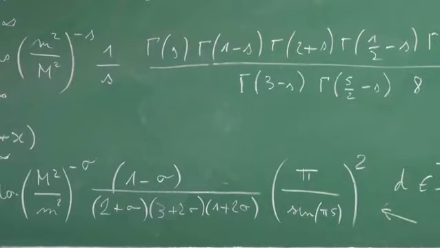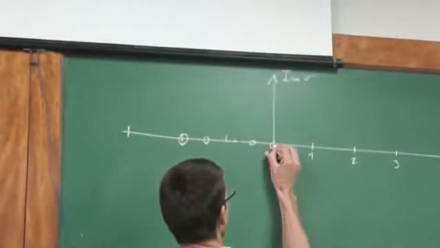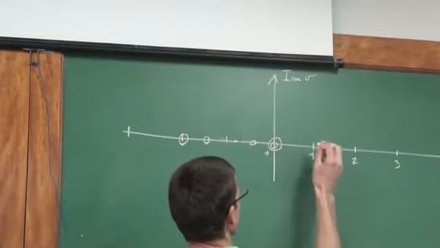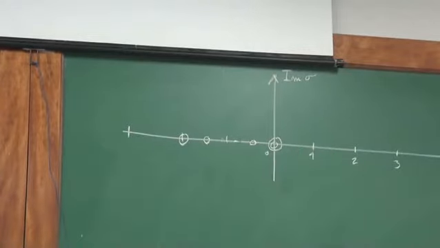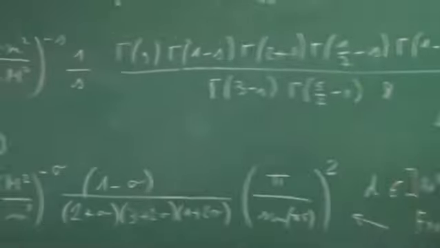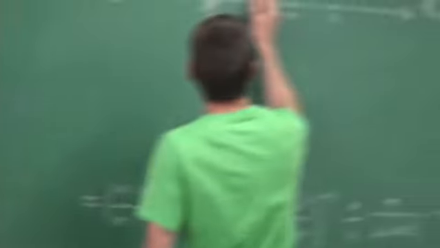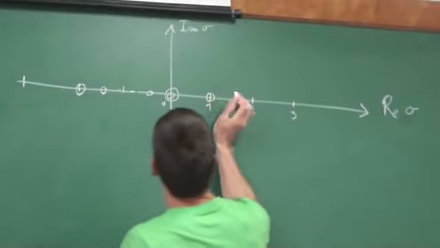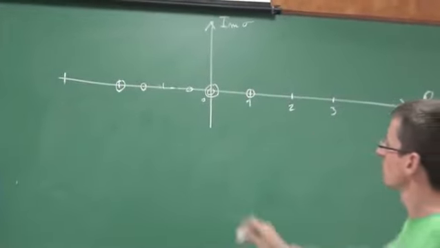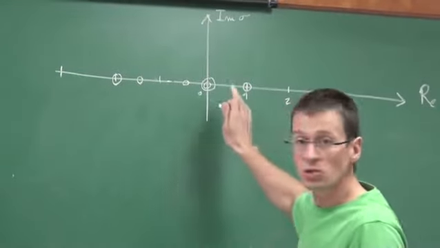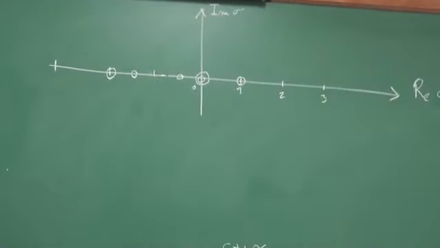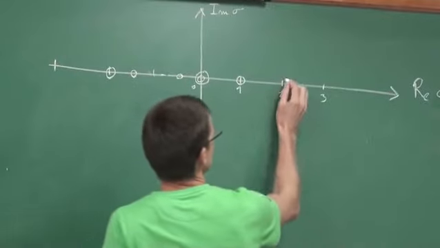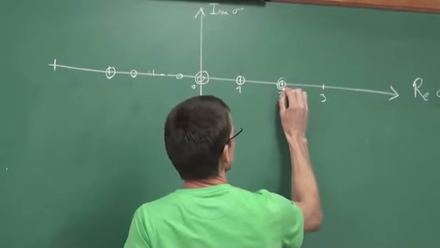So I have a double pole here, and a double pole here which is cancelled by the numerator. So not completely cancelled, only one over the pole. I have only one singularity here. Then I have all positive integers after one double pole.